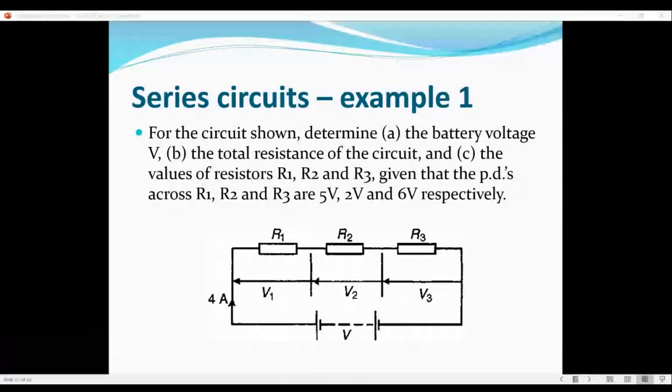Does anyone have an idea? Remember, you have the current and you have the voltage. Let's quickly see for R1. R1 is 5 volts divided by 4, 1.25 amps. That is correct. Oh, sorry, ohms.